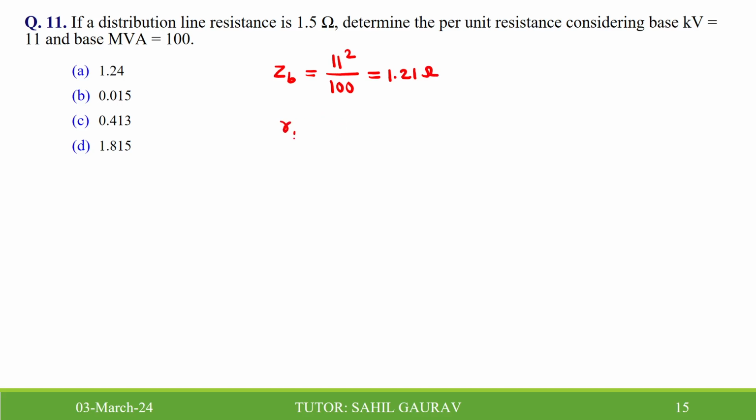Then we have to find R per unit. The actual value is 1.5 ohm and the base value is 1.21, so it comes to 1.24. Therefore, A is the correct answer.